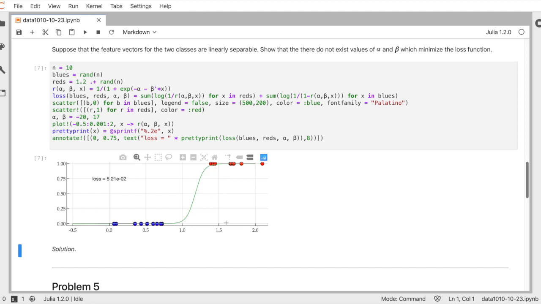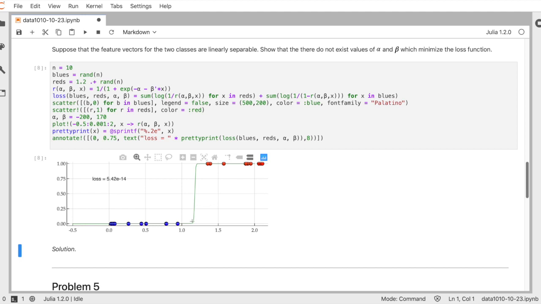If there had been a single blue point over here, this green curve wouldn't have wanted to be up quite so high, because then it pays a very steep price for badly misclassifying this blue point. Since there is no blue point there and there's space in between to go from being very low to very high, we can just make this as steep as we want, and we can get the loss really small. Like here we've gotten the loss all the way down to 5 times 10 to the minus 14.